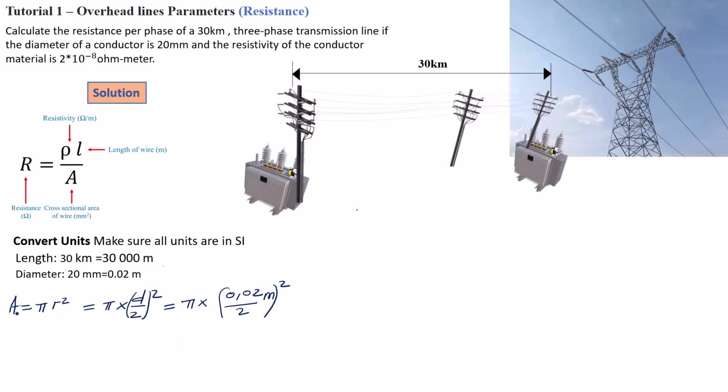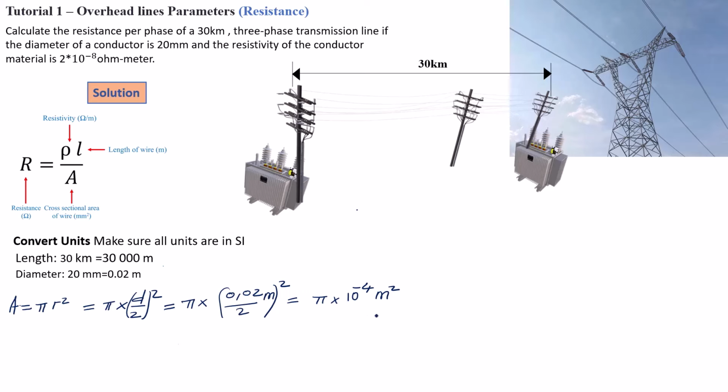And you know that the area is given in meter squared. So your answer here is going to be pi times 10 to the power negative 4 meter squared. So this is the area of this particular conductor.